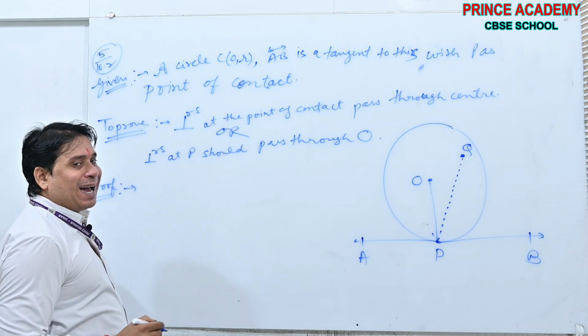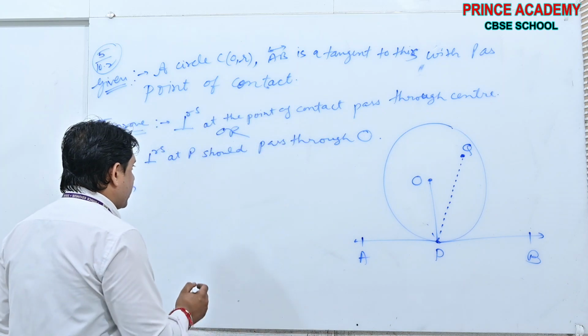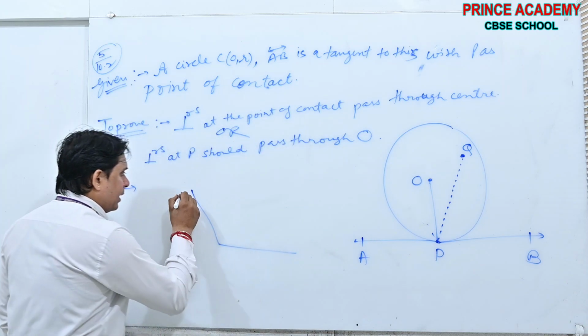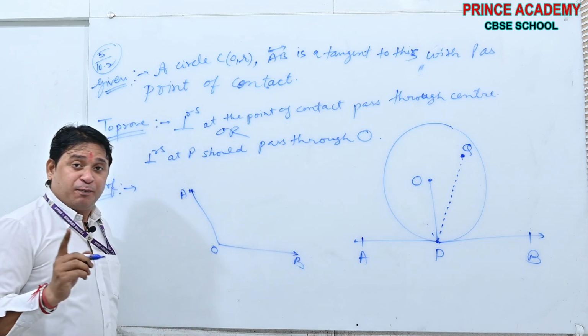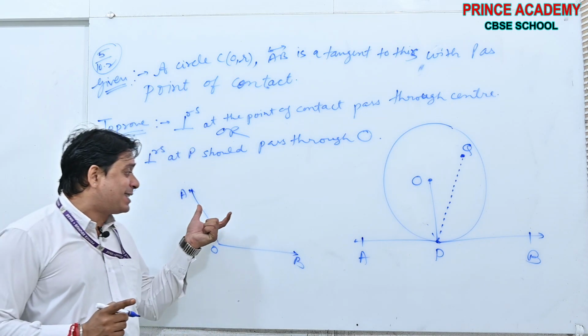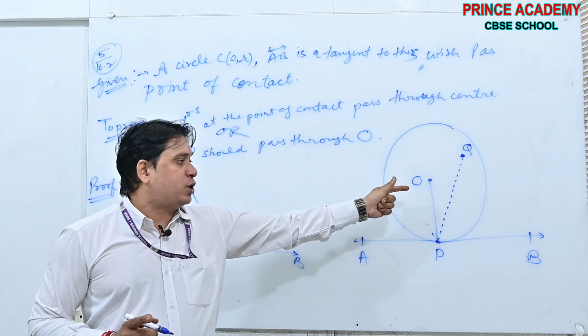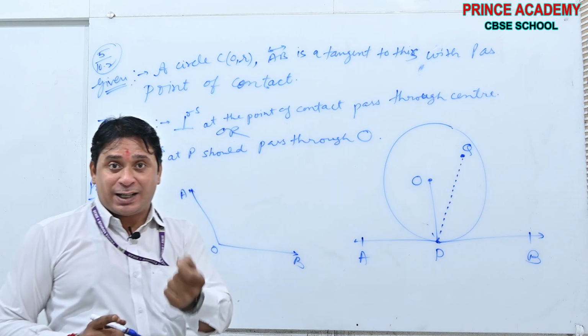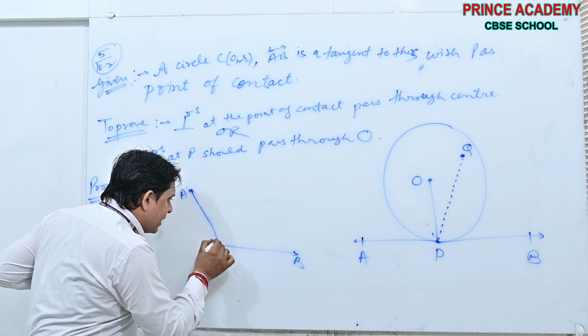Before the proof, I want to make you understand one thing. See beta, suppose this is an angle AOB, yes or no? Everyone, please pay attention. If this fact is learned by you, the question is too easy for you. That's why I am saying pay focus. AOB is an angle here.